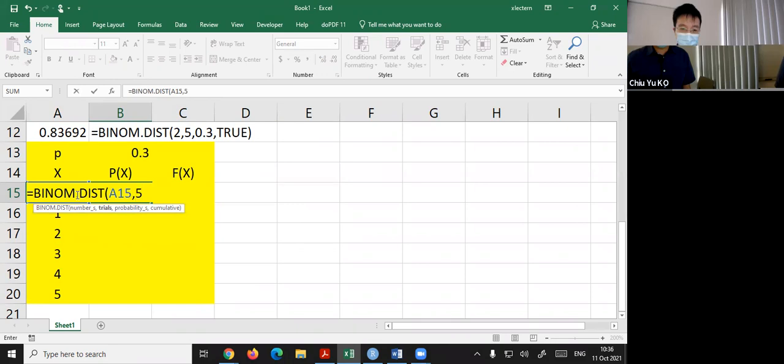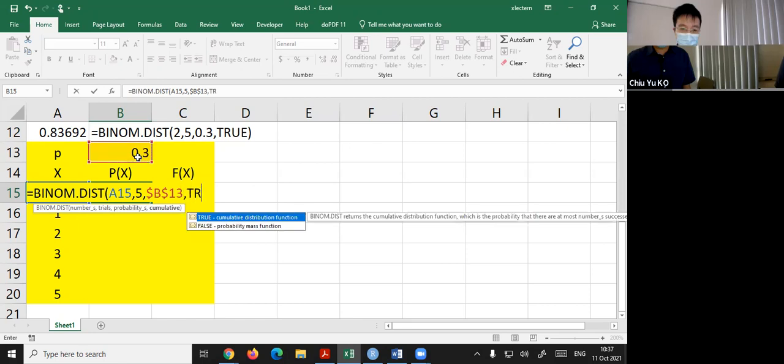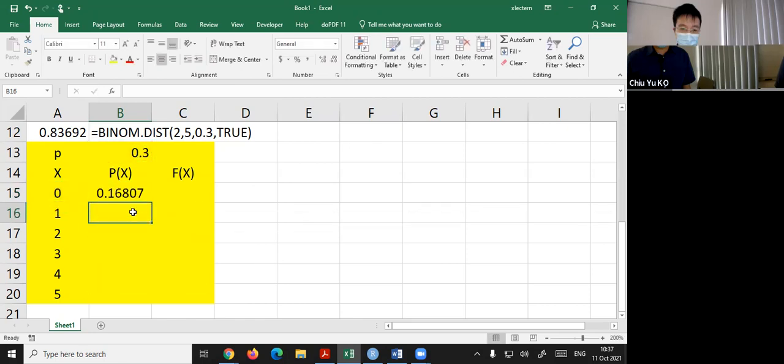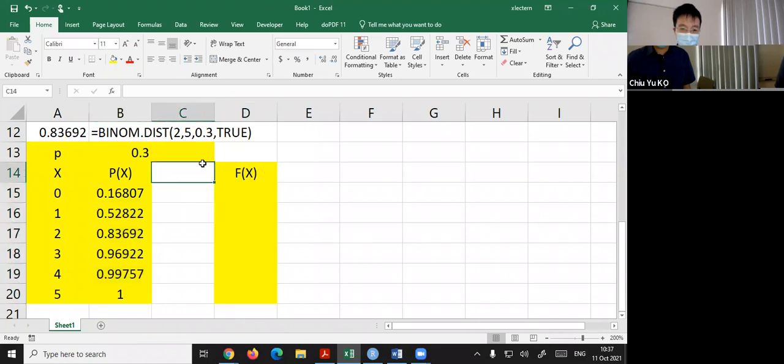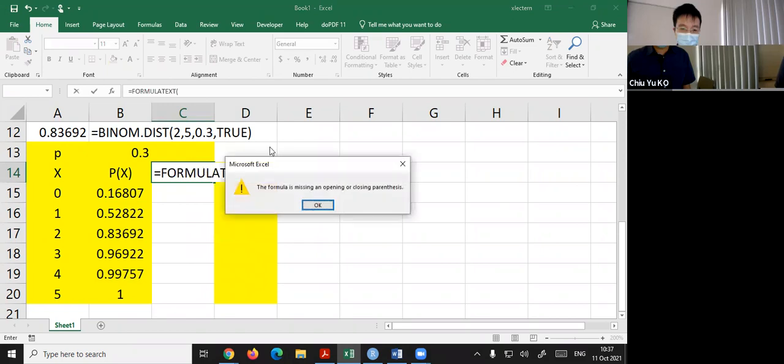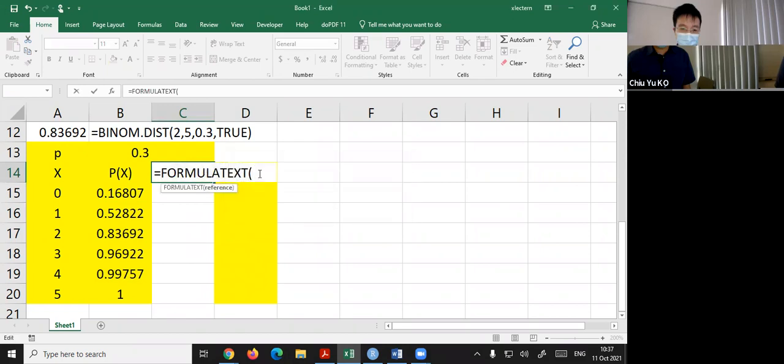That's unchanged. For the probability, we want it to be here, so we're going to copy the formula. We can just click this cell and press F4, and then you have the dollar signs. And then we want it to be true. That's the answer. But let me show you the formula, in case.